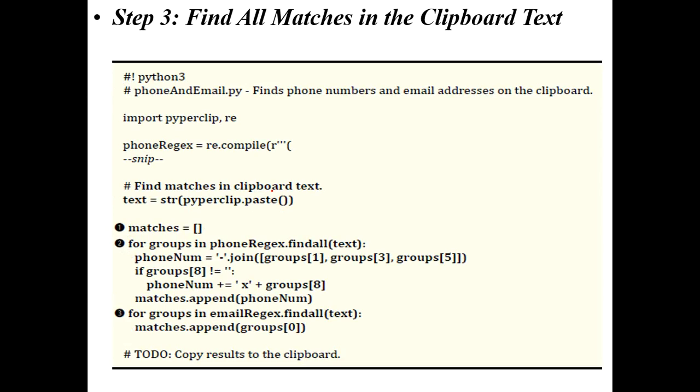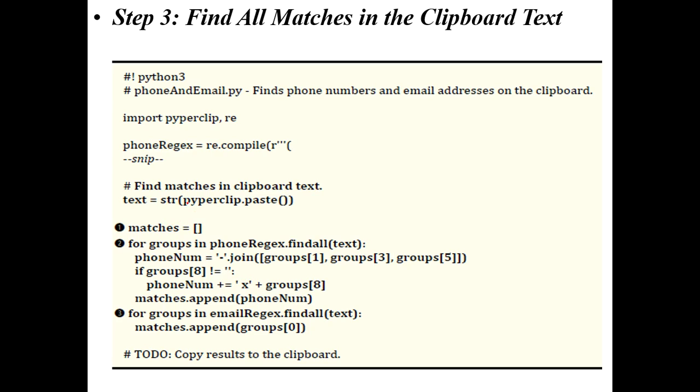Moving to the next step, find all matches in the clipboard text. We are going to use the paste operation, which is present in the pyperclip module, and whatever we are pasting into the variable text is of the form string.